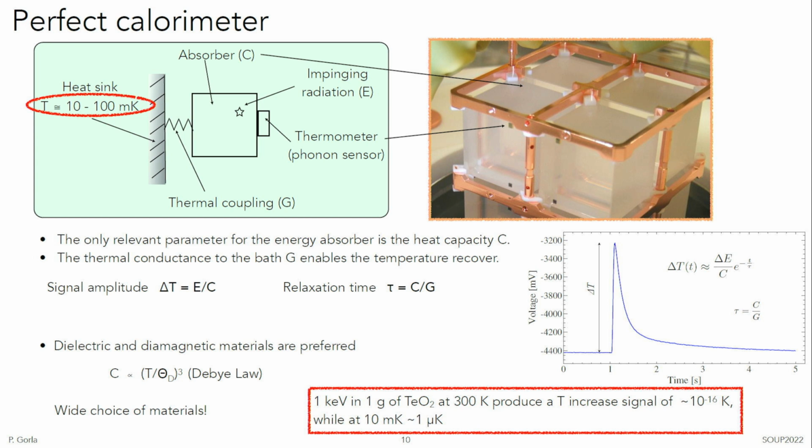If you have 1 gram of tellurium dioxide, a 1 keV interaction produces an increase of roughly 10 to the minus 16 Kelvin, something very difficult to measure on one side, and very small compared to the thermal excitation due to the phonon distribution at that temperature. But if you go to 10 millikelvin, you have an excitation in the order of 1 microkelvin, which is in some way easy to measure, and the thermal excitations are almost negligible with respect to this value.